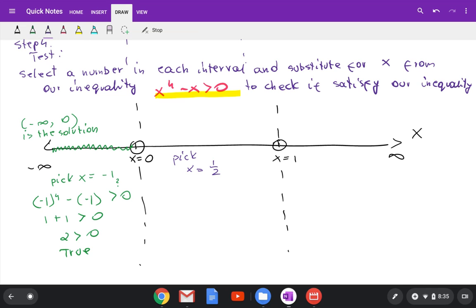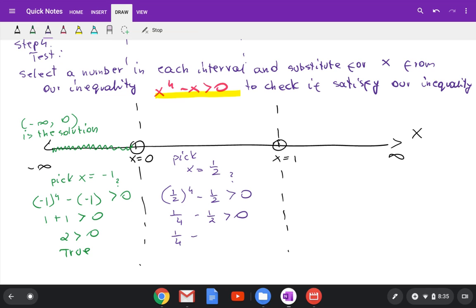Plug in, substitute 1/2 for the x from your original inequality. So you have 1/2 to the 4th power minus 1/2. And you want to check if that will give you a positive number. So we're getting 1/16 minus 1/2. We're checking if this is greater than 0.